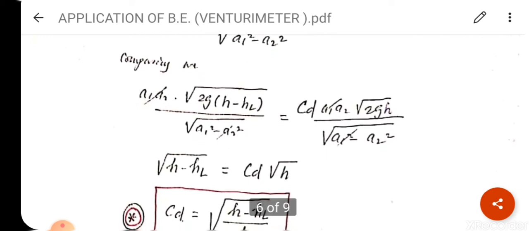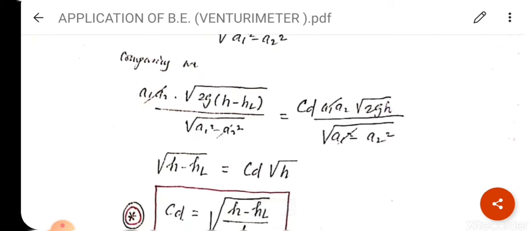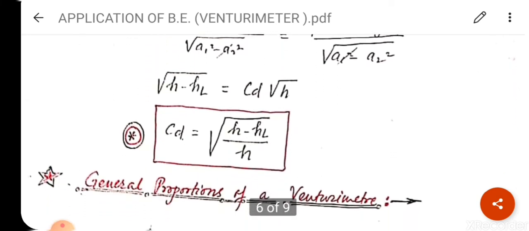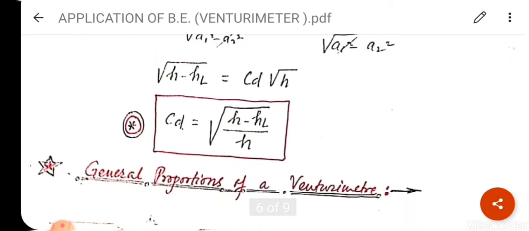So finally we will get under root (H minus HL) is equal to CD into under root H. So the value of CD is under root (H minus HL) upon H. In case HL is given, you can find out CD with this formula.